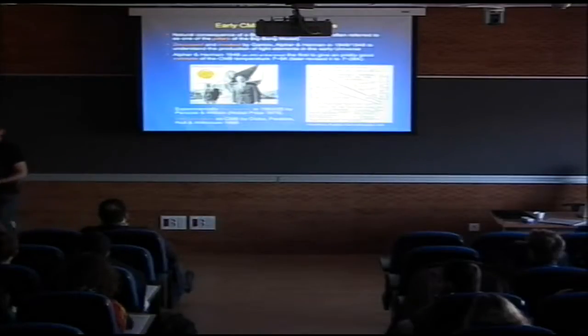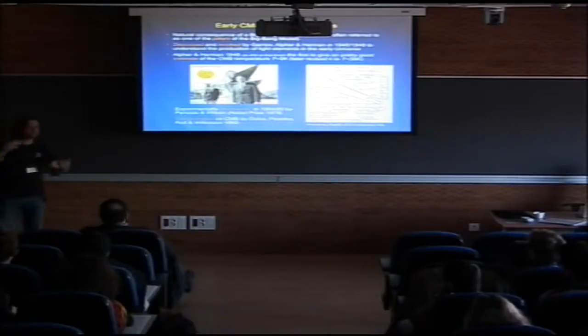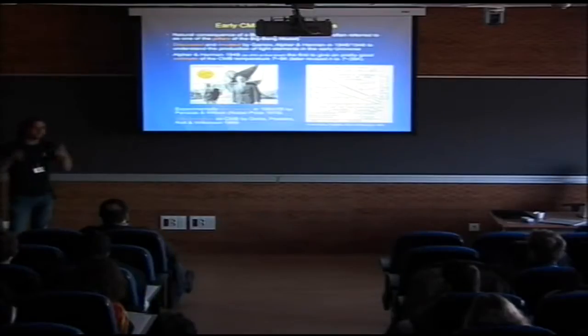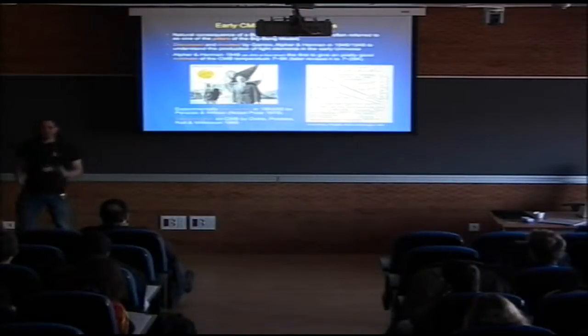The main reason they got 5 Kelvin is that they estimated it using the temperature during BBN and the current density of the universe, with simple scalings. But the current density of the universe was actually pretty wrong. So it's a very big coincidence that they got this more or less right, which is interesting.